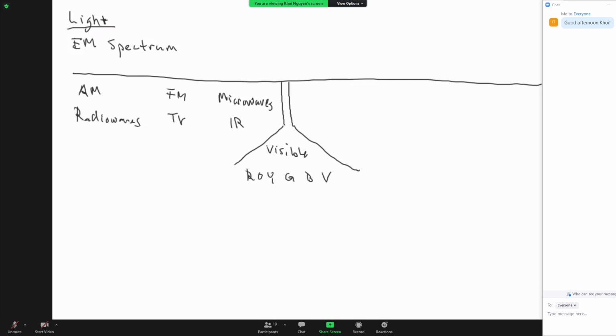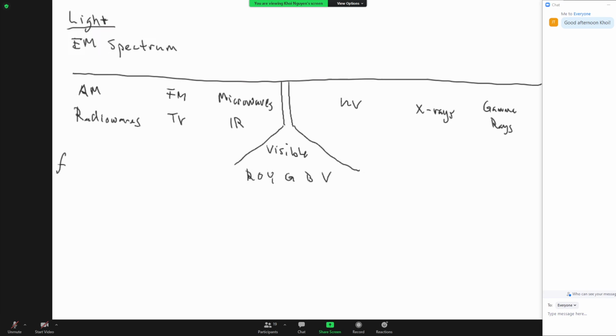Red, orange, yellow, green, blue, and violet, right? On the other end of the spectrum, you have UV, you have X-rays, and you have gamma rays, okay?